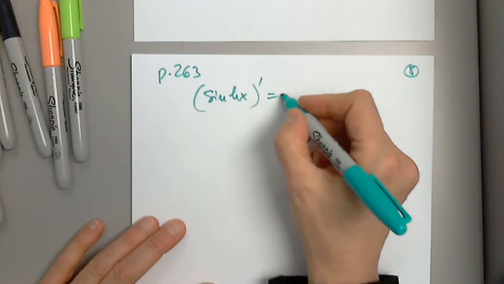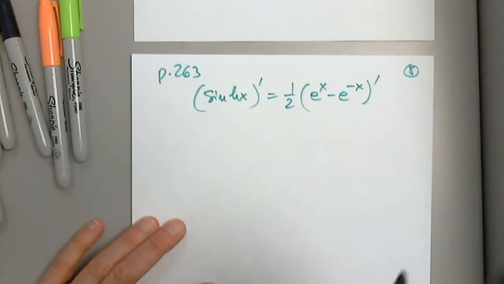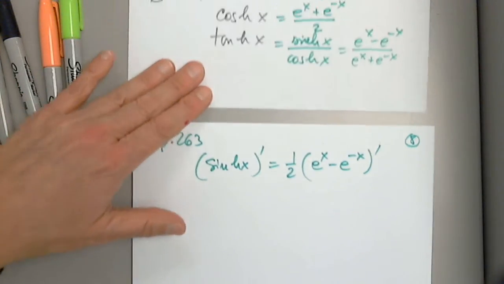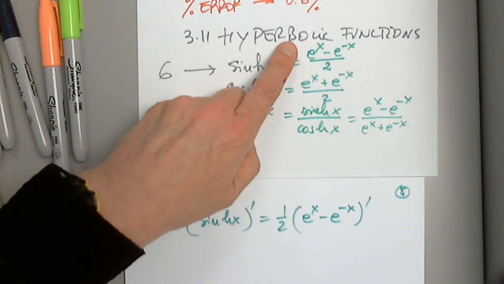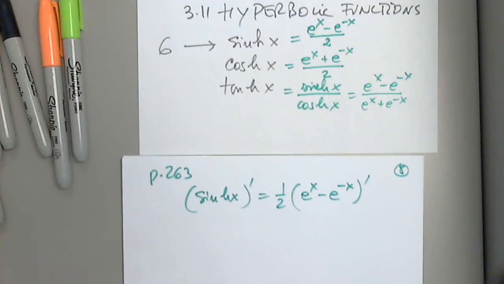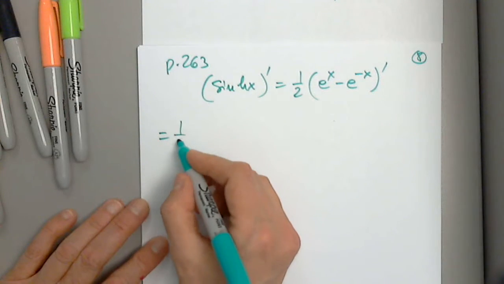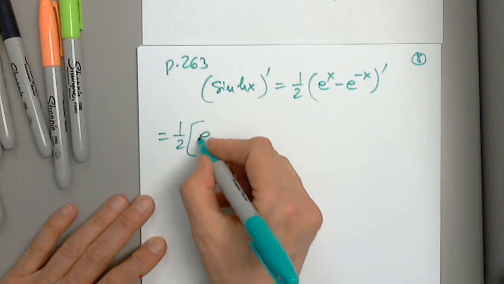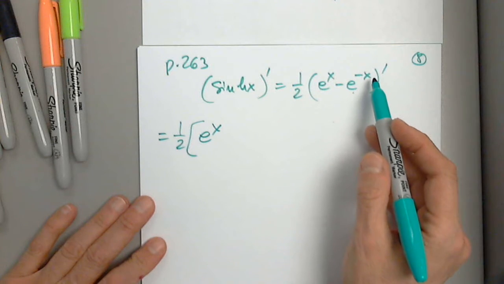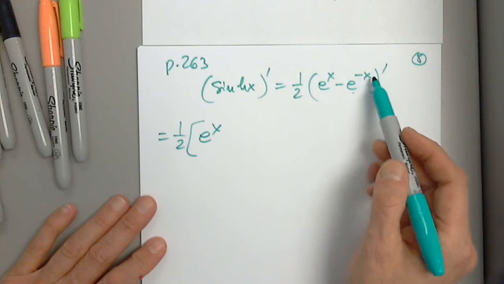Good, so all we have to do is put 1/2 outside, e to the x minus e to negative x prime, right? We always take the factor outside. If it's at the top or at the bottom, it doesn't matter. I take it outside. Good, so 1/2 e to the x prime is that lucky function, good, but e to negative x prime is a different story because this is not plain x.